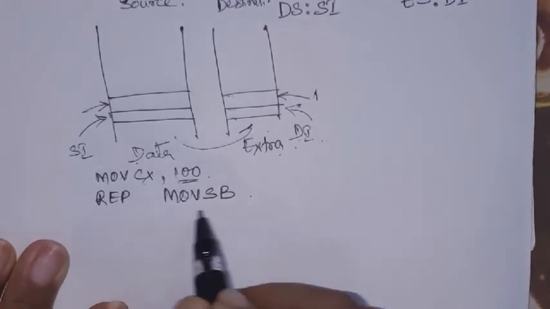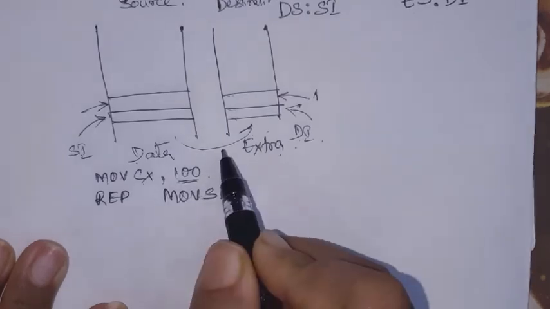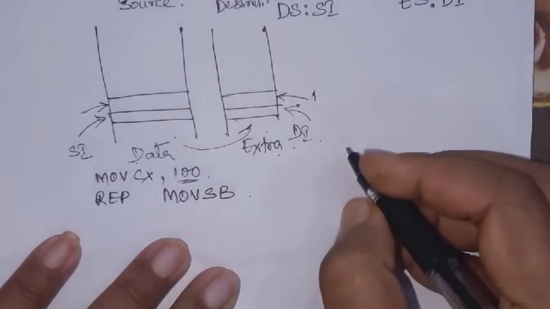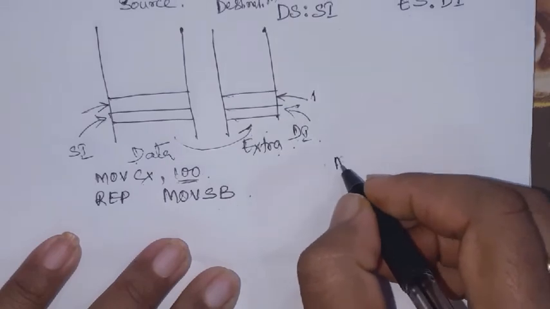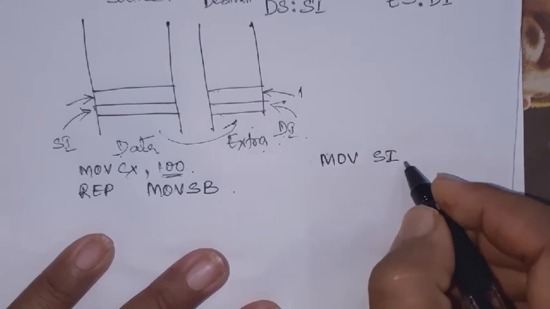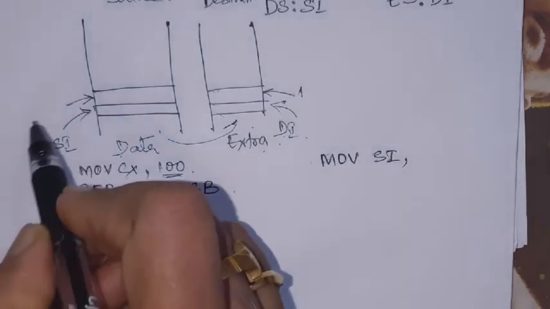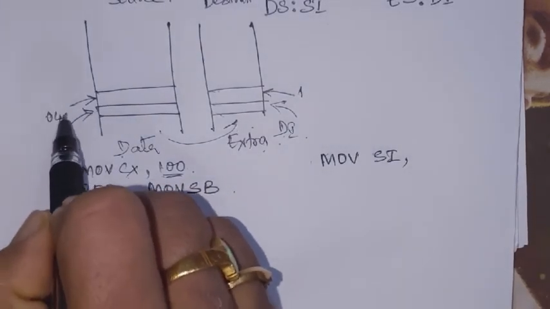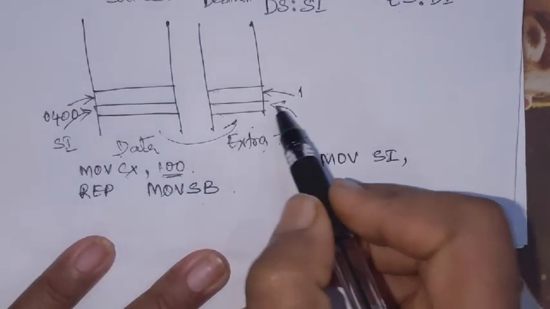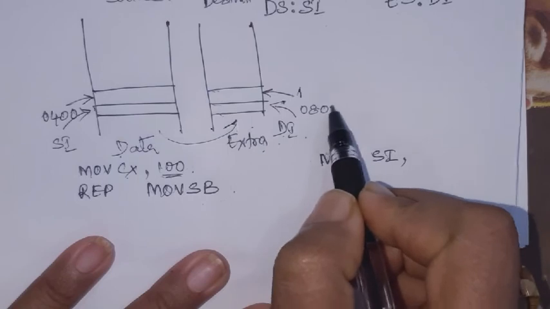So before this instruction, what else is to be done? First, move the source index register. Let us suppose this offset address is 0400, and the DI offset address is 0800.